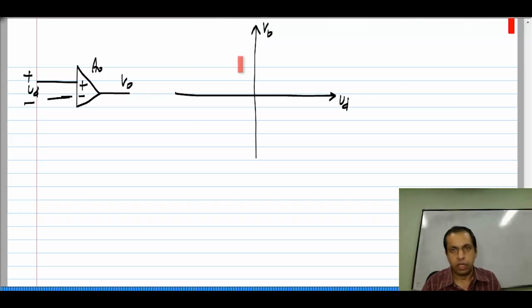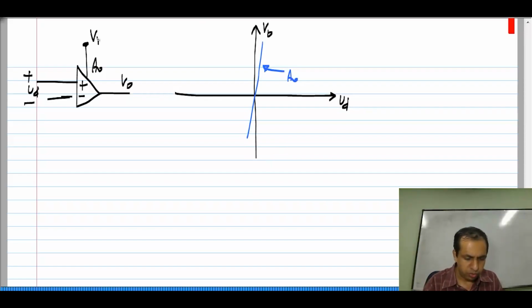Okay. In fact, if I use the same scale for x and y axis, then it will be pretty much a vertical line, but I want to show some slope. So, I will show it like that. Okay. And the slope of this is nothing but the gain A naught, but it will not continue indefinitely like this, assuming that the supply voltage is VDD and the lower supply voltage is minus VSS.